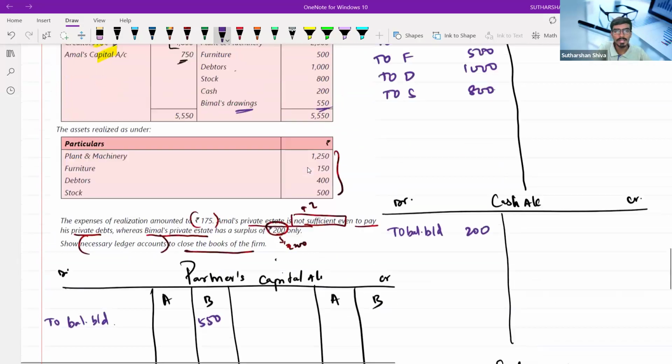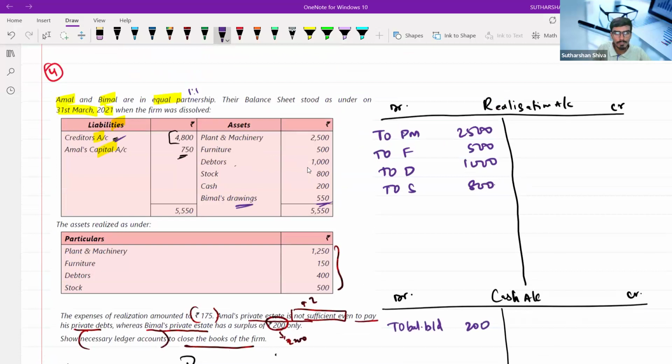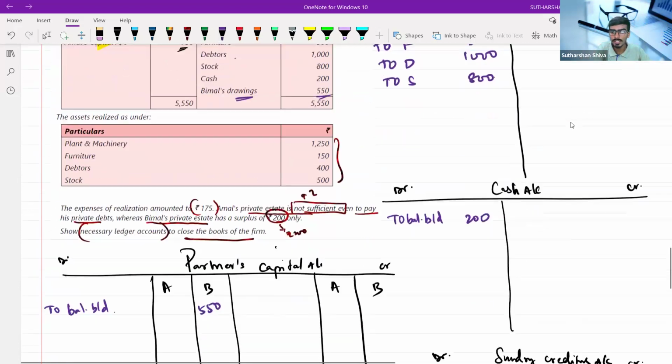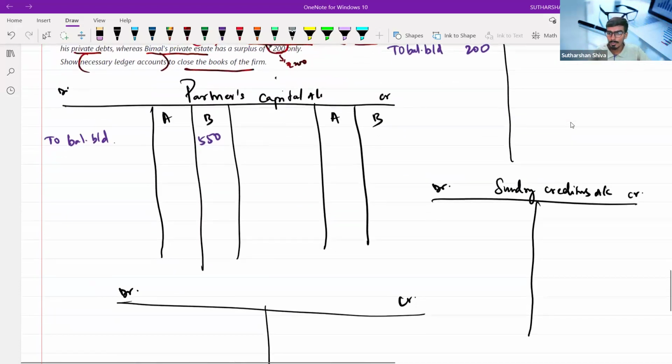Okay, all the debit side, the asset side, is gone. Creditors value 4,800 is there. As usual, we will post by dismantling by creditors account. You can do it in two ways. As this account is not closed, don't close it. In the first introduction class, I told you, first transfer the creditors value and then, if necessary, go and prepare the realization. So for sundry creditors, we will open a separate account.